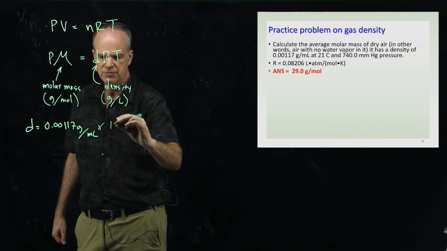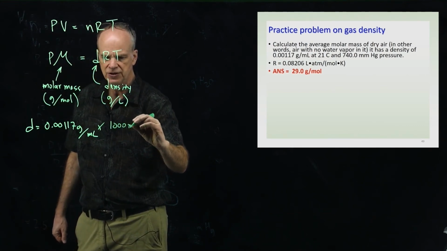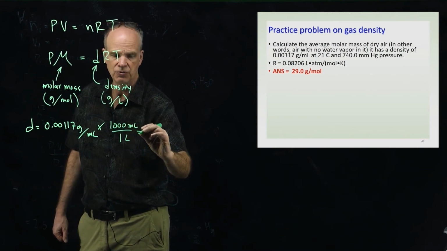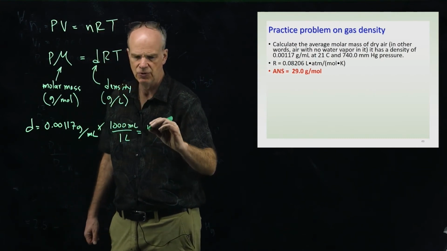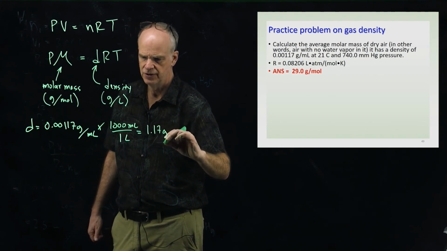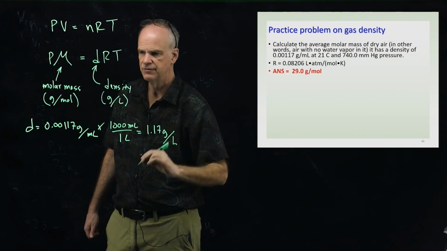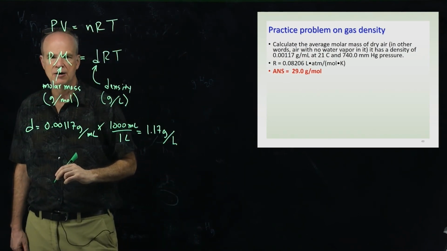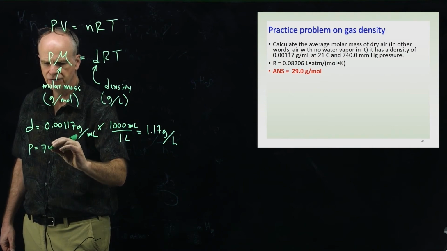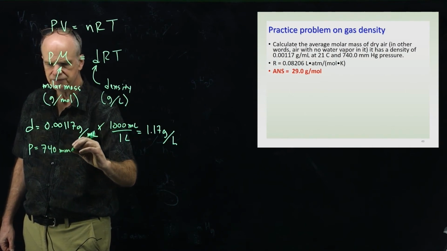So it'd be 1,000 milliliters per 1 liter. And I think if you work that out for the density, it's going to be 1.17 grams per liter. Okay, so that's good. So we have a pressure of 740 millimeters of mercury.